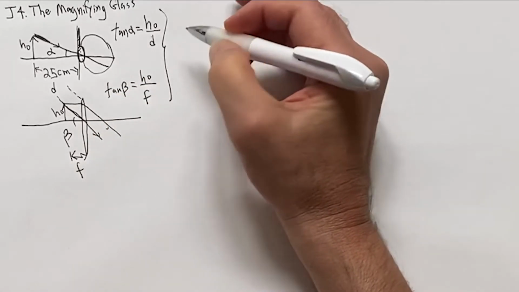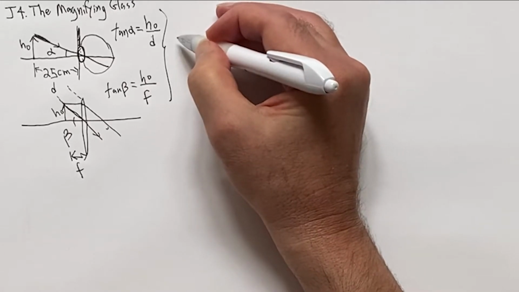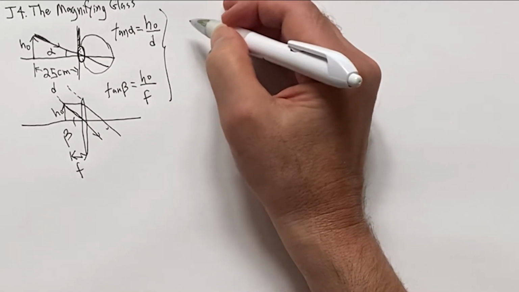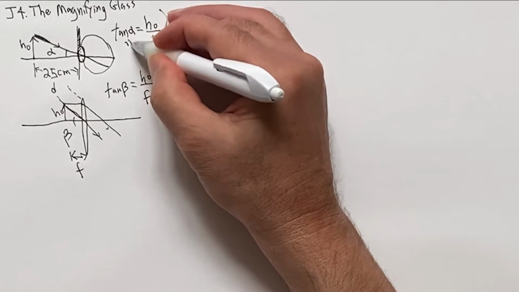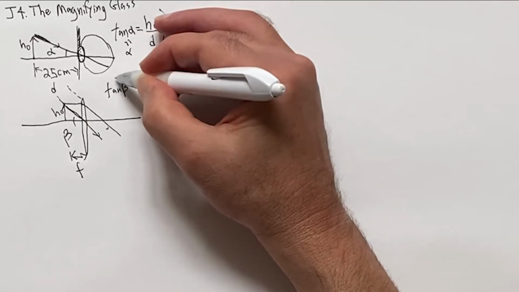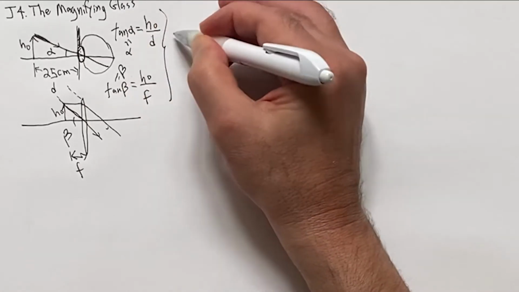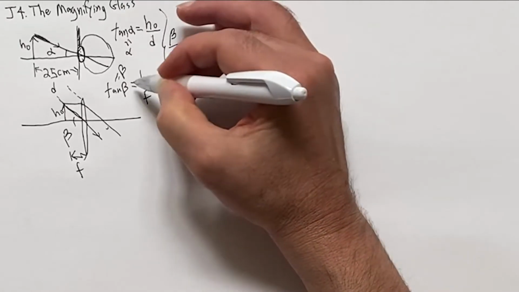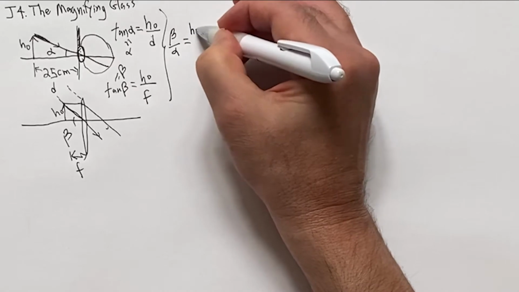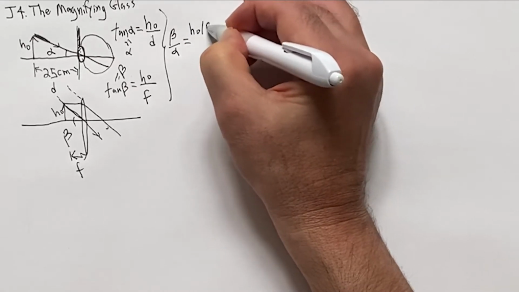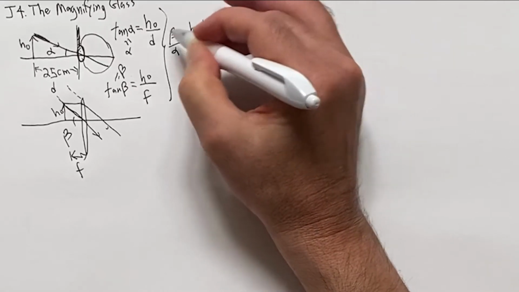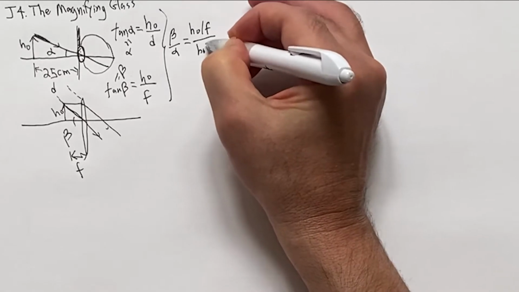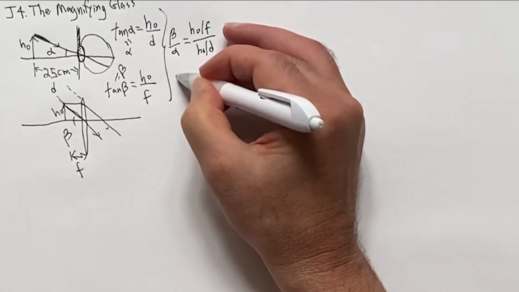So if you look at these and use the paraxial approximation, where tangent of alpha is alpha, and tangent of beta is beta, then to compare beta to alpha, to see what the magnification is, you would have H object over F, and then for the alpha, H object over D, the D flips over.